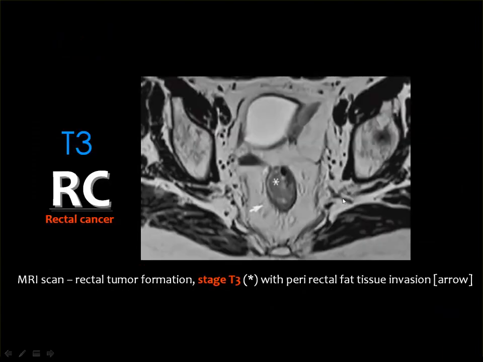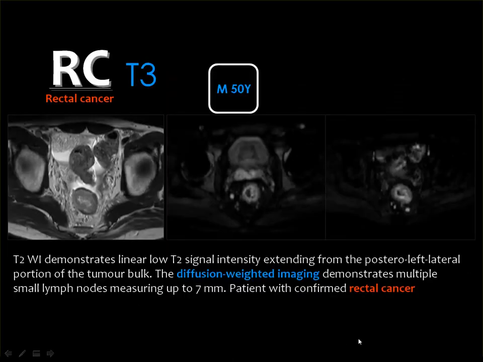Then, if you see a tumor with stranding of the perirectal fat, and these strands are thick and may be nodular in appearance, then you consider this as stage 3.